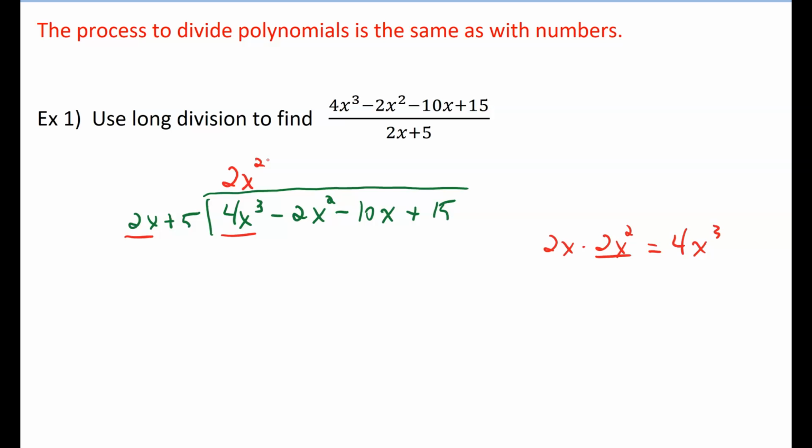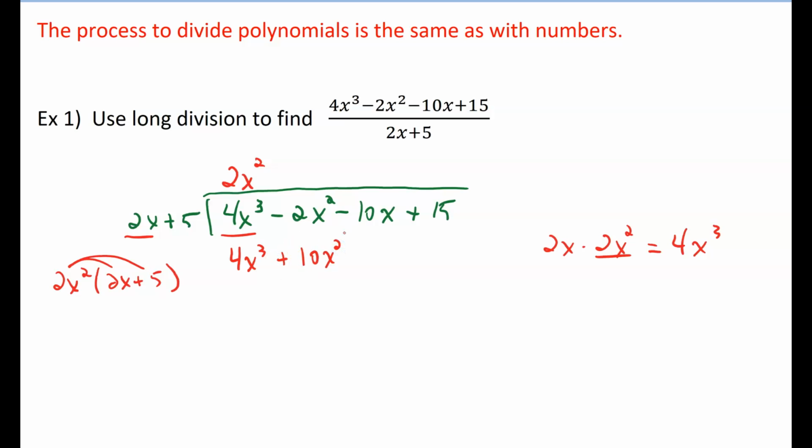What did we do with the term that we wrote up here? You multiplied it, okay? Except we've got a whole binomial here, so we're going to multiply it to the entire binomial. So 2x squared times 2x plus 5. All right, so in distributing that, I get the 4x cubed, and that's the term we were after. And then 2x squared times 5 is 10x squared.